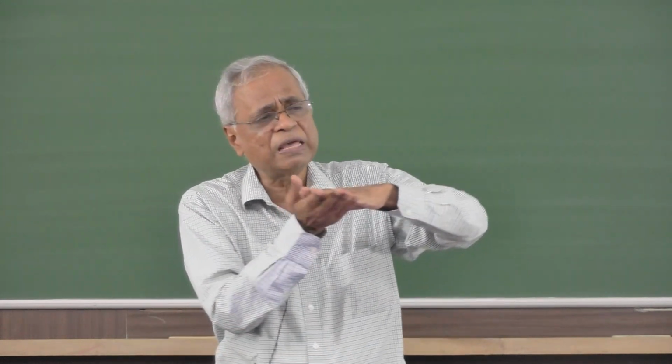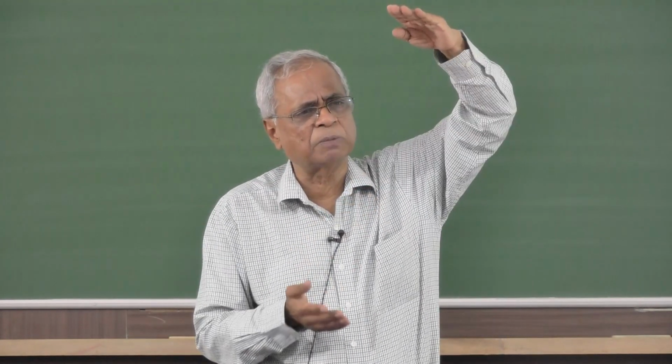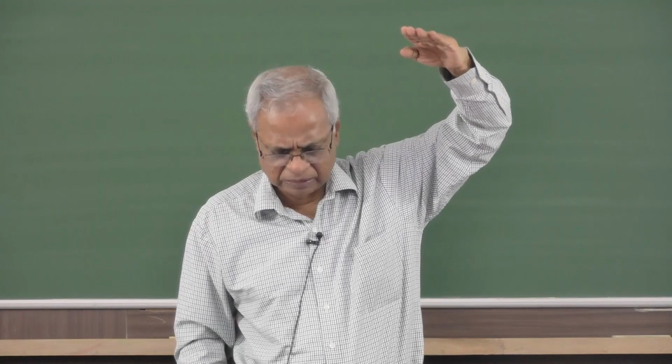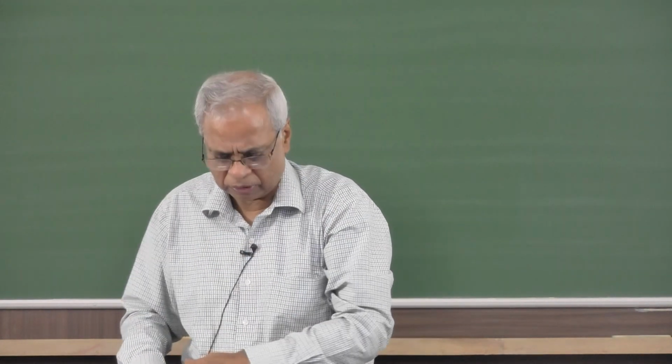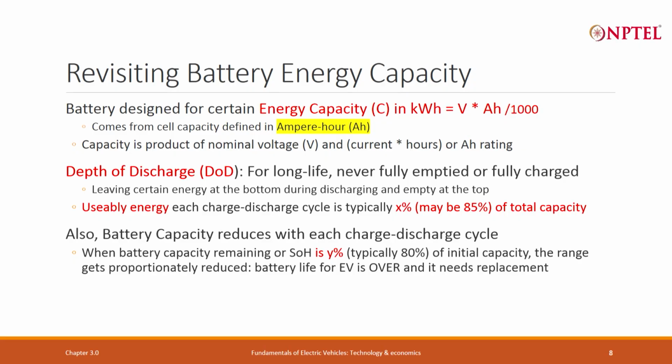And you may want to never reach the top, maybe 90%, maybe even less, and similarly do not go to the bottom. You want to leave x percent, so the total energy is the usable energy, and some not at the top, some not at the bottom.